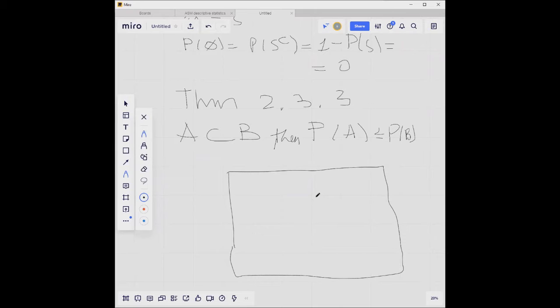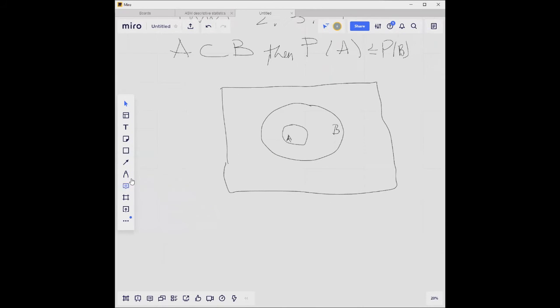Let's say we have event A. Let's say this is event B, and we have the smaller event A, which is a subset of event B. Now let's take a look at event B. We can define it as a union of the following two: A union with everything that is inside of B but not in A, which can be defined as A complement intersection with B.